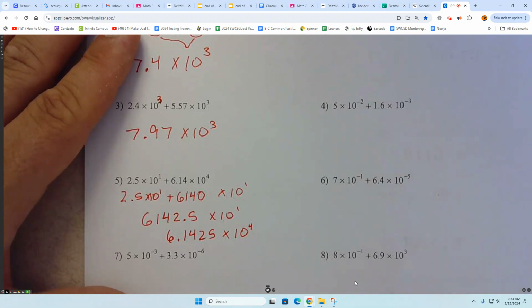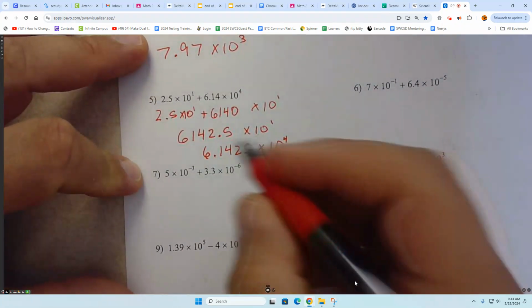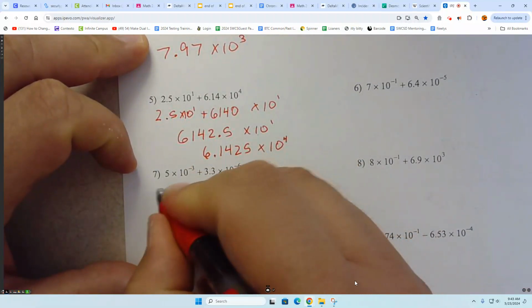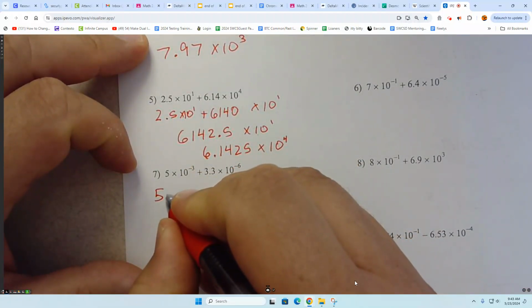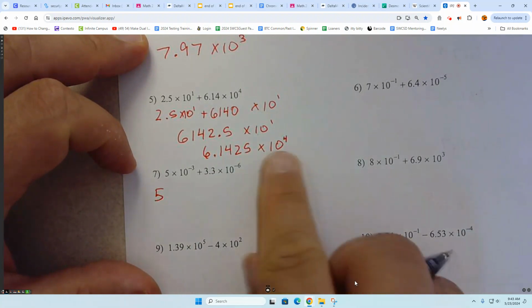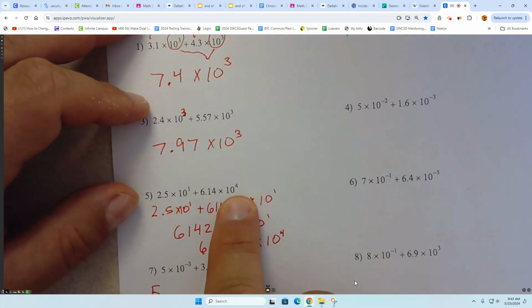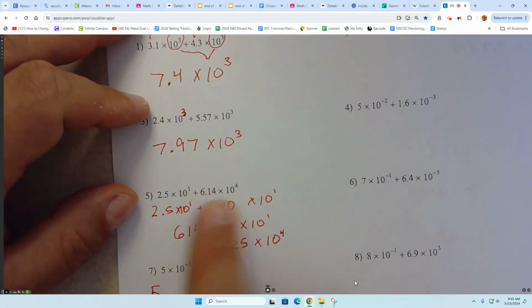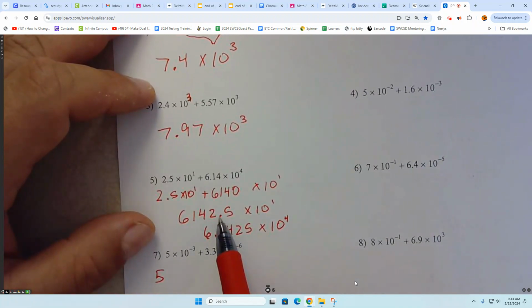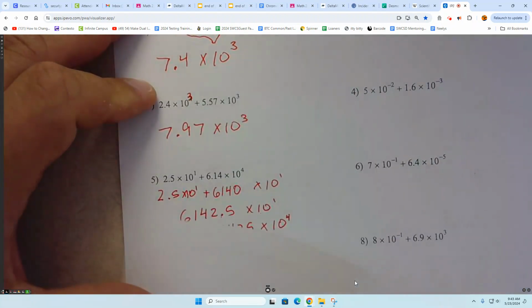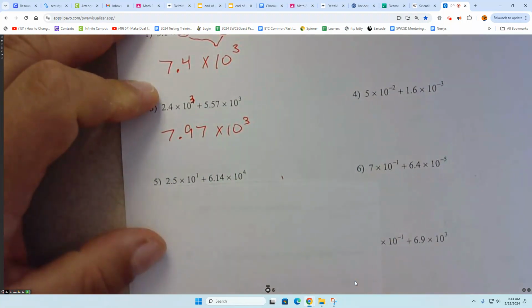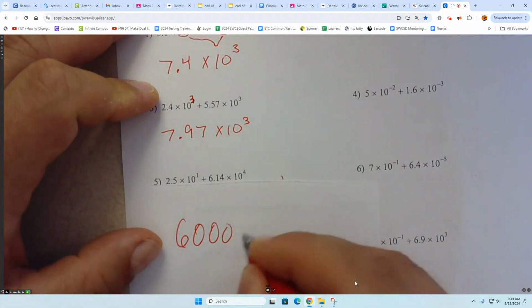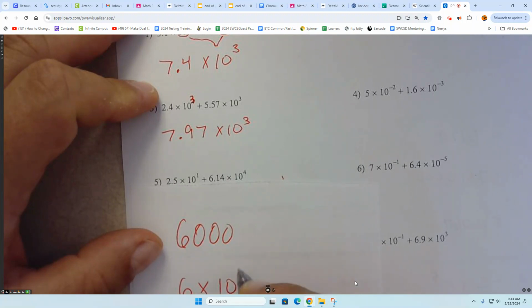Okay. So let's talk about this, this is where it gets really confusing. So we've got to get them to match. So this is really 5, because these were all positive powers. If I make a number smaller, if I had 6,000, that's 6 times 10 to the positive 3.